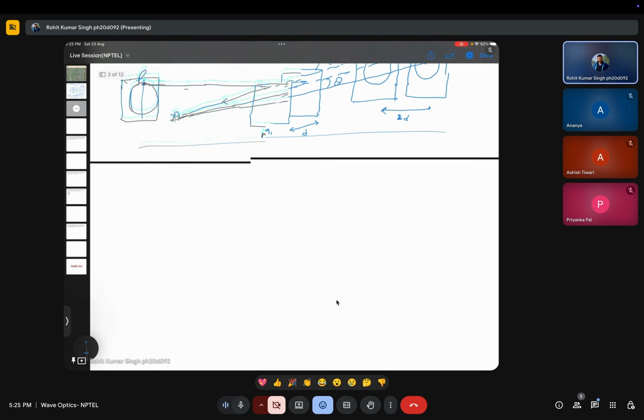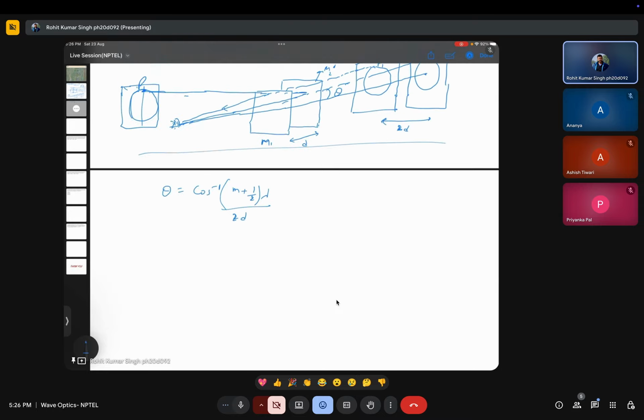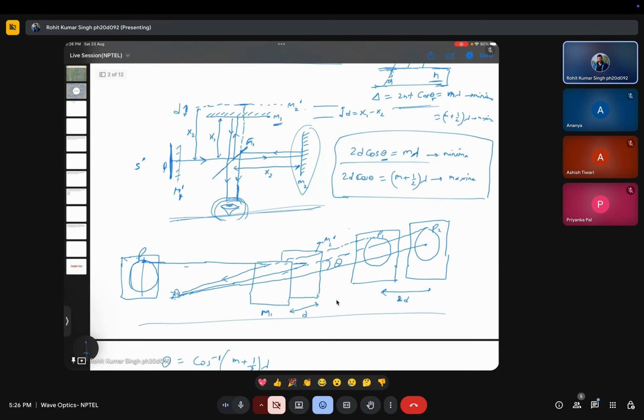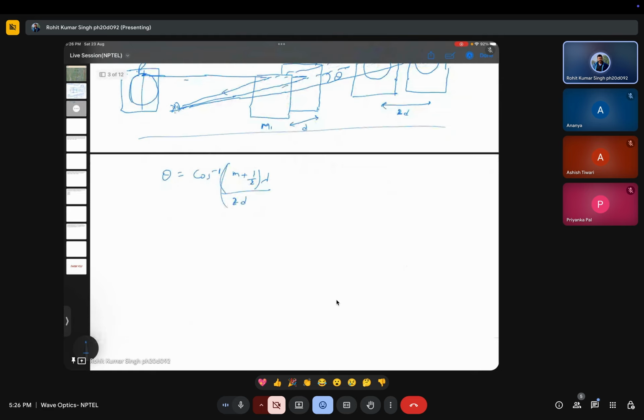Now if you look at this formula closely, for the maxima, theta is cos inverse of m plus half lambda divided by 2d, all in the same bracket.